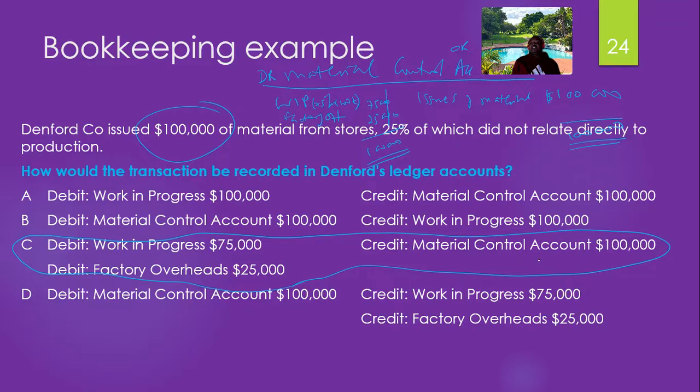We have to credit the material control account as we did here. We credited the material control account and debit the material control account, but with those explanations, these are the correct explanations of what was obtaining.